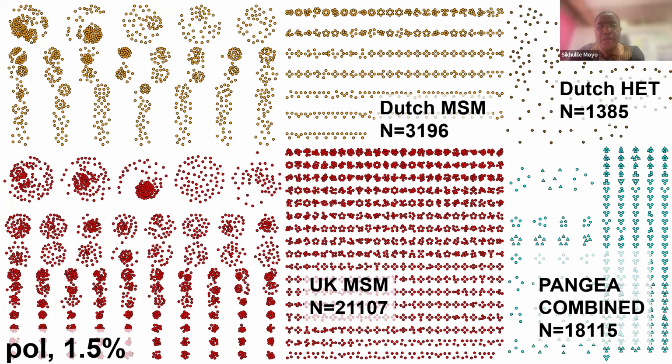But if you look at the Pangea combined data of 18,000 sequences, you see very small cluster sizes, often between 2 and 3. The largest cluster that we ever observed from Uganda had 12 individuals, mostly dyads with 2 individuals to 3 individuals, very small cluster sizes as compared to what you see elsewhere.